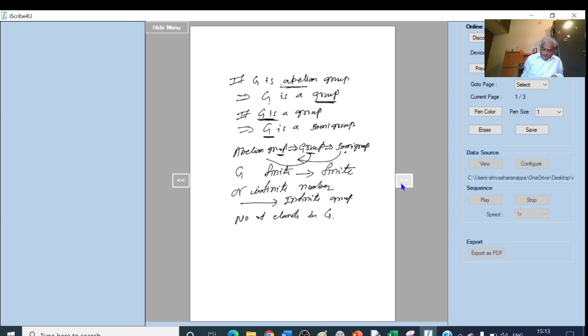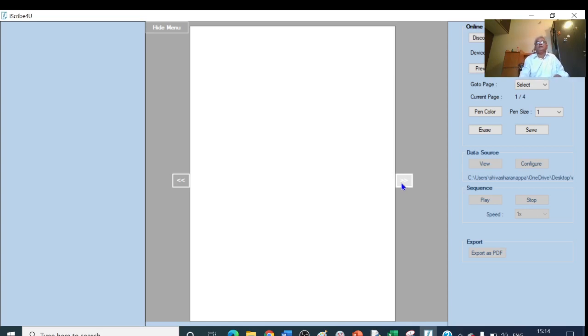The number of elements in G is denoted by O of G, and we call this the order of G. That is, the order of G is the number of elements in the group G. If G is a finite group, then the order of G is finite. If G is an infinite group, then the order of G is infinite. Okay. Now let us go to some examples.